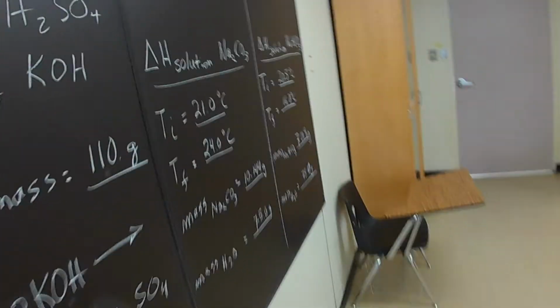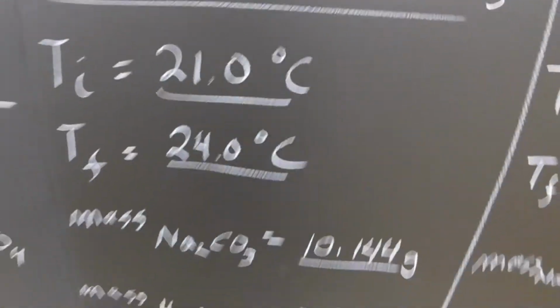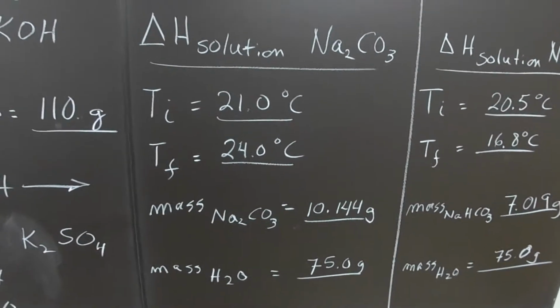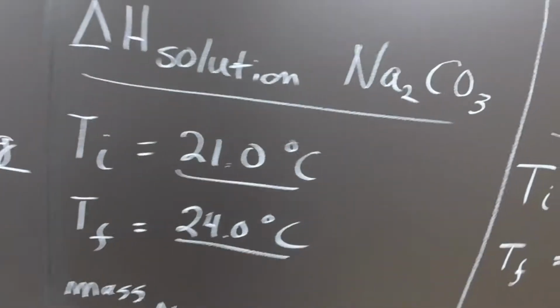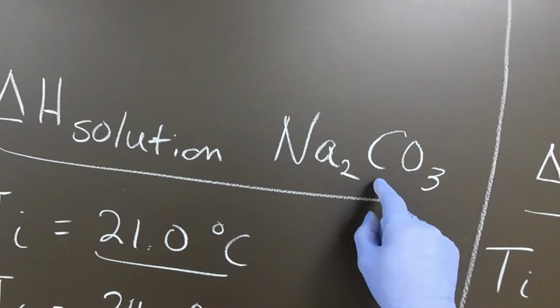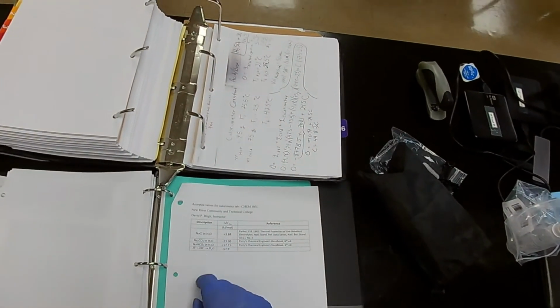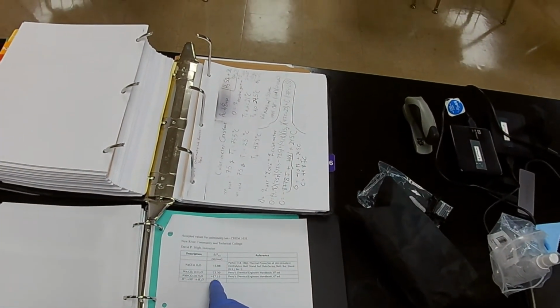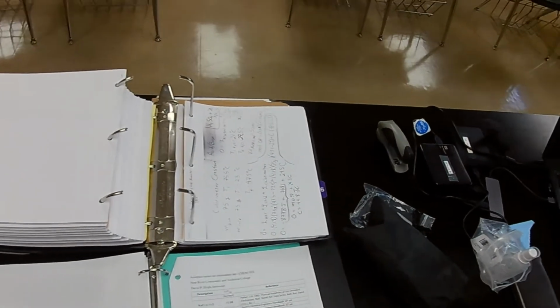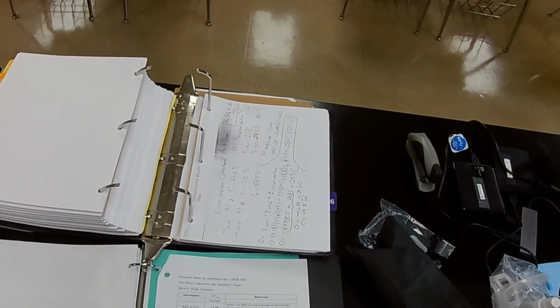All right. Now we need to do, I'm just going to do one of these because the other one is calculated exactly the same way, except that it's going to be relative to the number of moles of this, the number of moles of that. And those accepted values are also here in this document. Sodium carbonate value, sodium hydrogen carbonate value, which is endothermic, and sodium carbonate is exothermic.